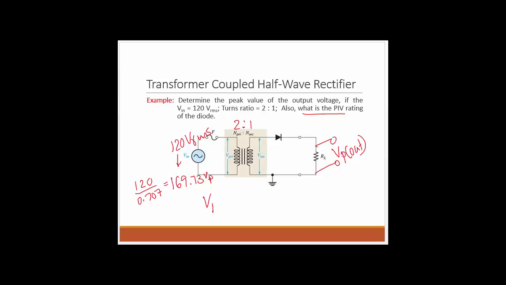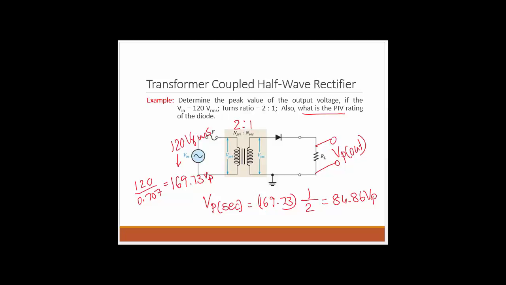We already converted into peak, so the peak secondary voltage is 169.73 multiplied by 1 over 2. That means you are splitting this voltage in half, which gives you 84.86 volts peak. That is the voltage that you are feeding to the diode for a half-wave rectifier.